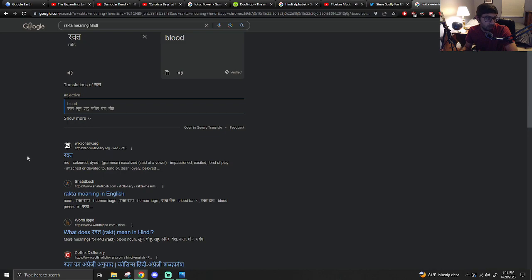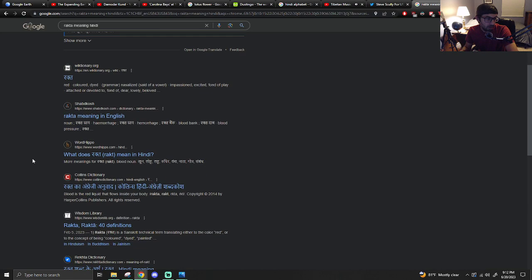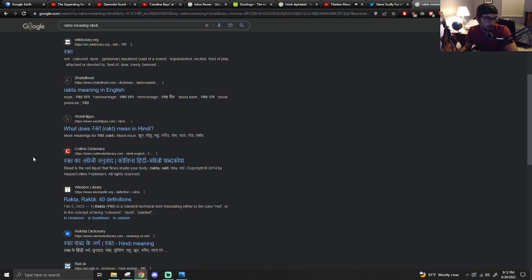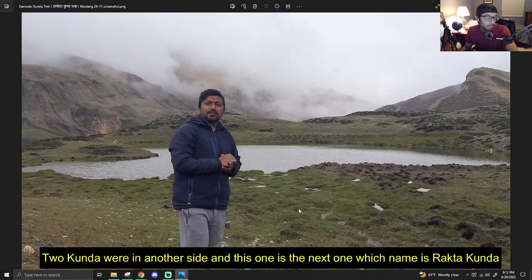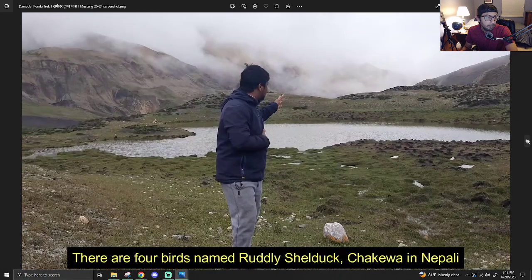Hemorrhage, blood bank, blood pressure. Red. Colored, dyed, painted. I didn't know what he meant by this. I guess that 4 types of birds come to this location. It didn't list the other 2 in English, though.